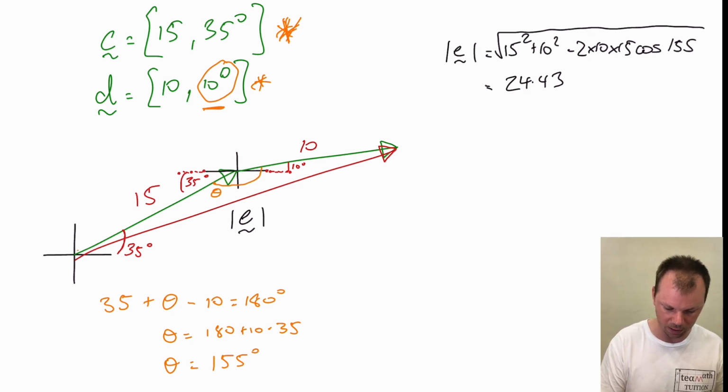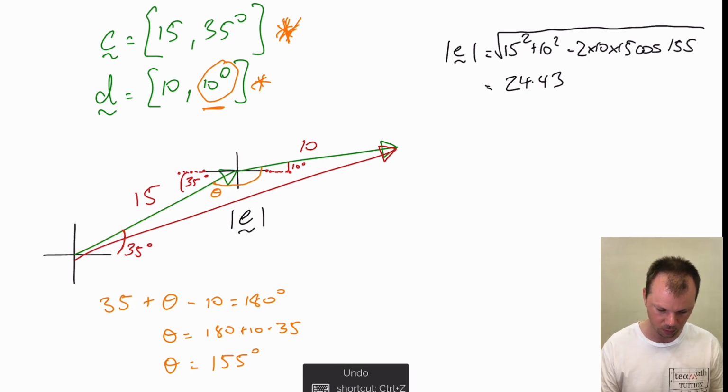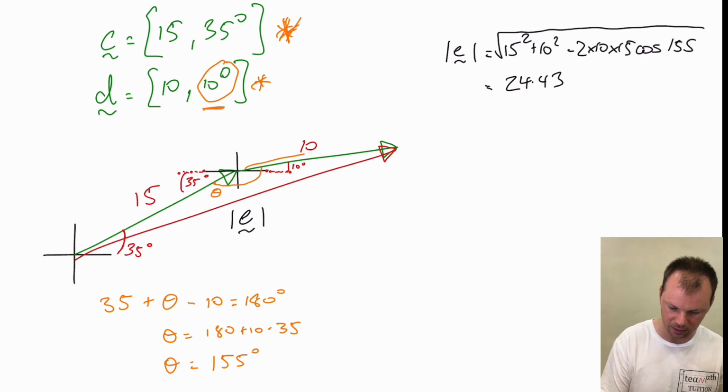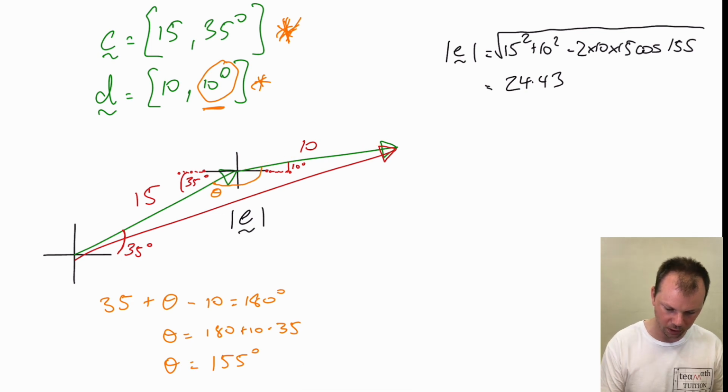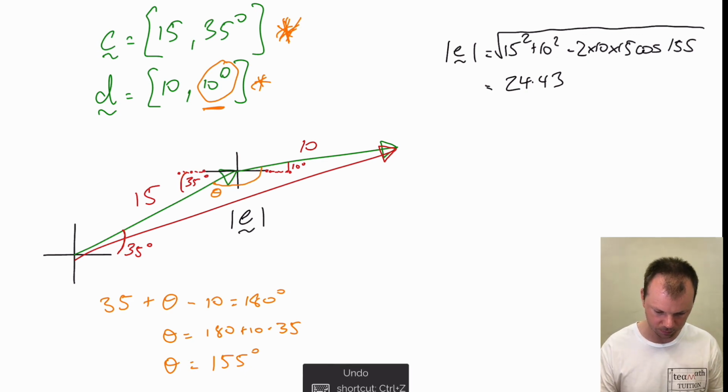We've drawn our diagram. We've got 15 magnitude and 35 degree angle. We've got our second vector, 10 magnitude, 10 degree angle. We can work out that this angle here is the same as this due to the Z rule, that doesn't change.